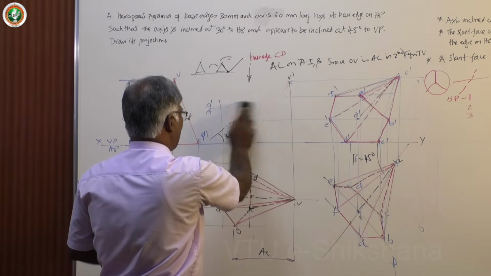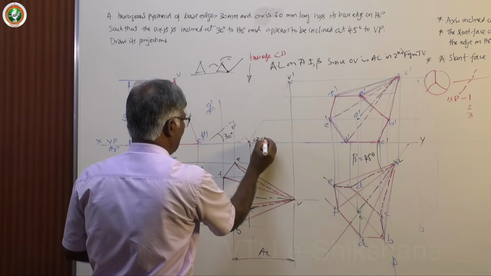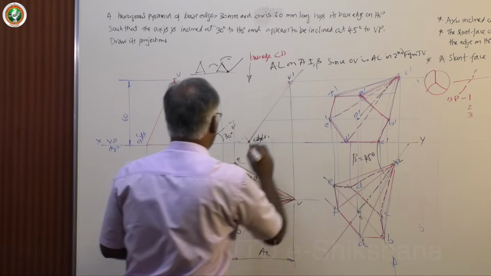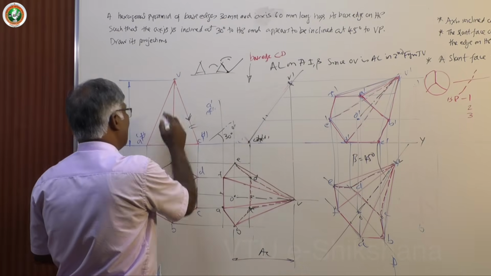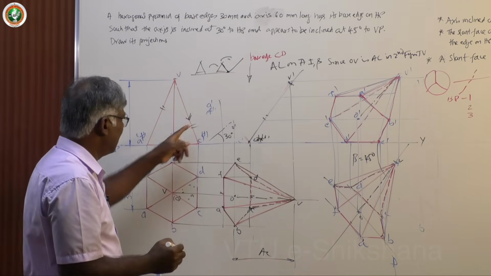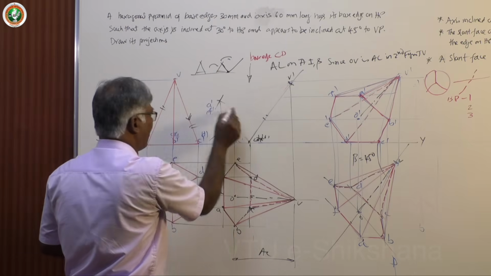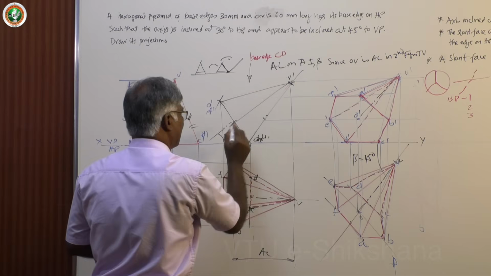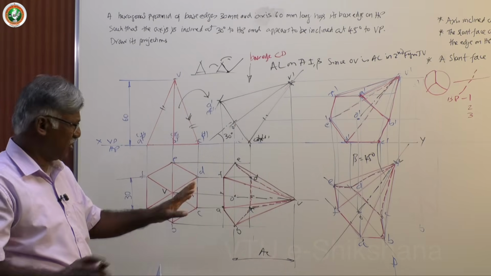Here, mark points B dash C dash. Now draw the 50 degree line, then take this distance and mark it. This is an isosceles triangle, so this distance equals this, draw an arc. Again take the base center, draw one more arc, join this. Then mark the midpoint, join this. This gets you the front view. Same solution, there is no change.